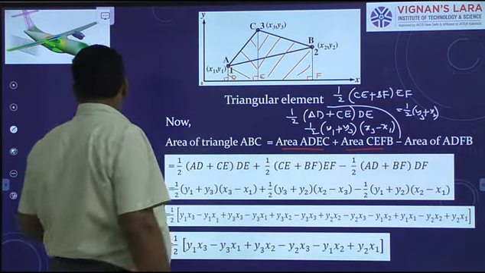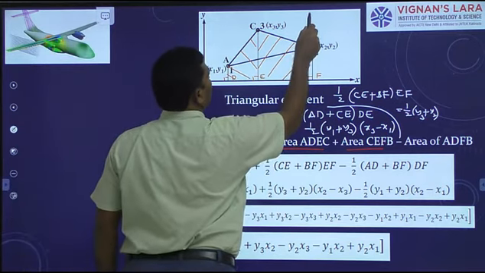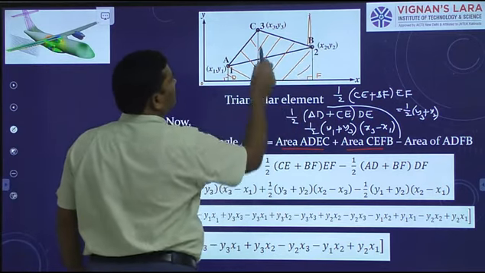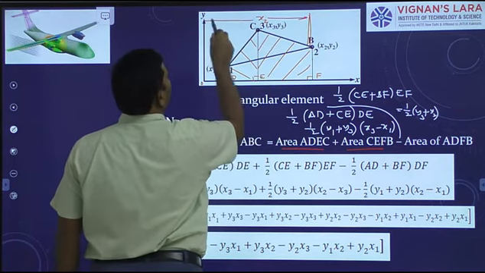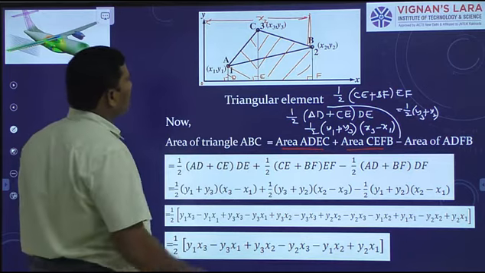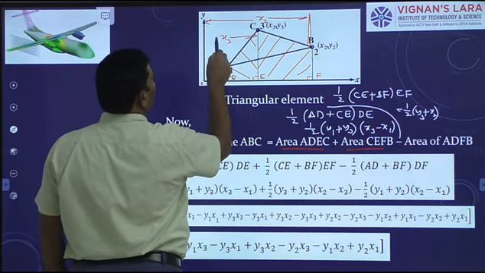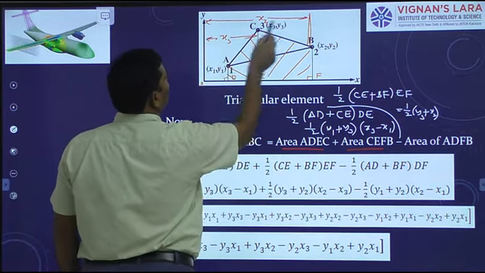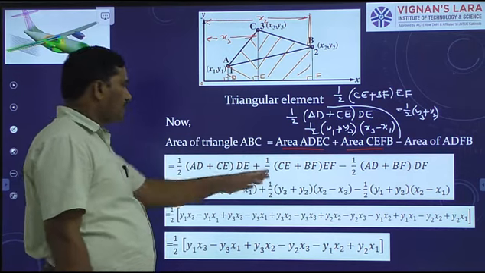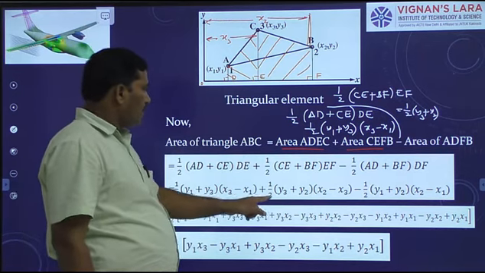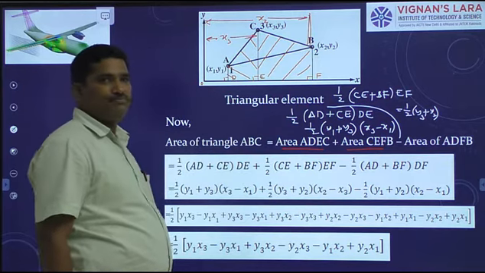Observe carefully, this is x2. Understand? Now, what is this? This is x3. Therefore, EF equals x2 minus x3. In place of EF, you can write x2 minus x3. That is what I write here. 1 by 2 into y3 plus y2 into x2 minus x3.